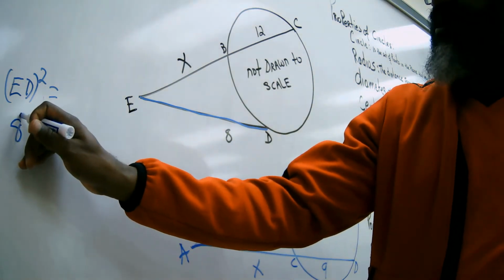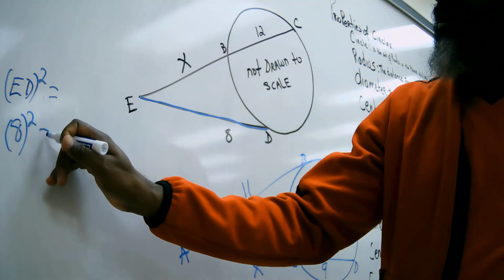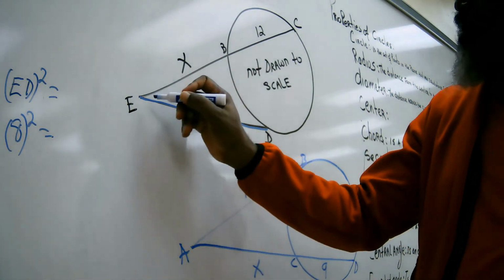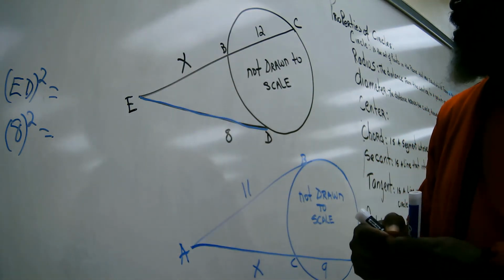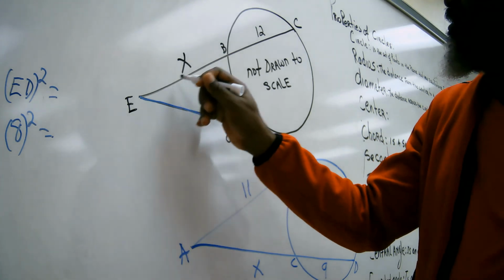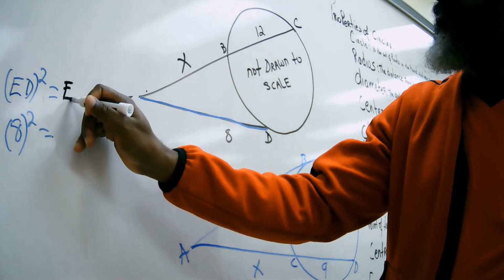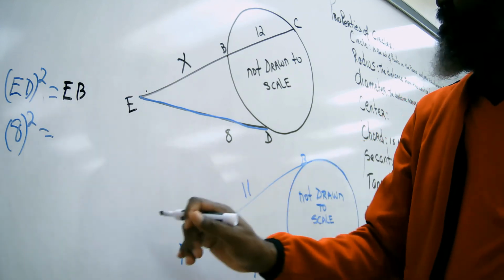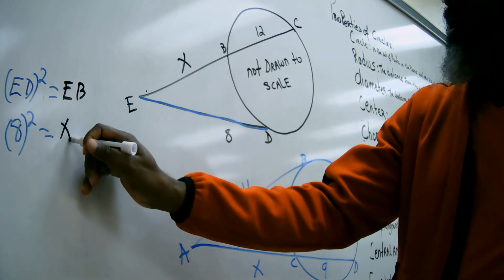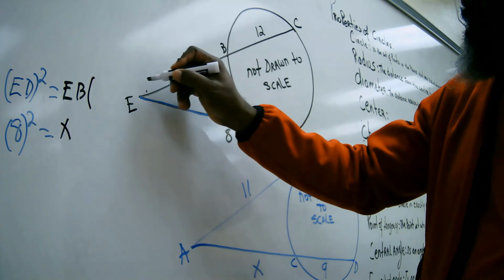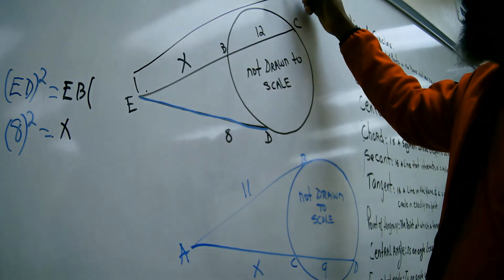You will have to square 8. It is equal to the external part of the secant times the entire secant. The external part is EB, which is x, times the entire secant, which is EC.